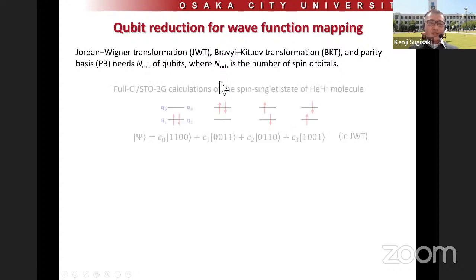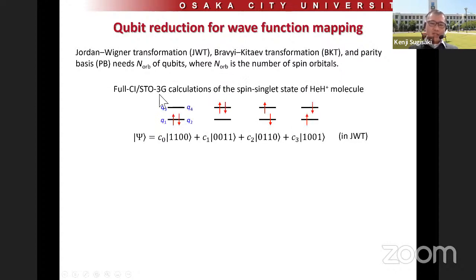Let us think about the calculation of the spin singlet state of the hydrogen molecule. In this case, the system has 2 electrons, one spin up and one spin down. The allowed configurations are written here.